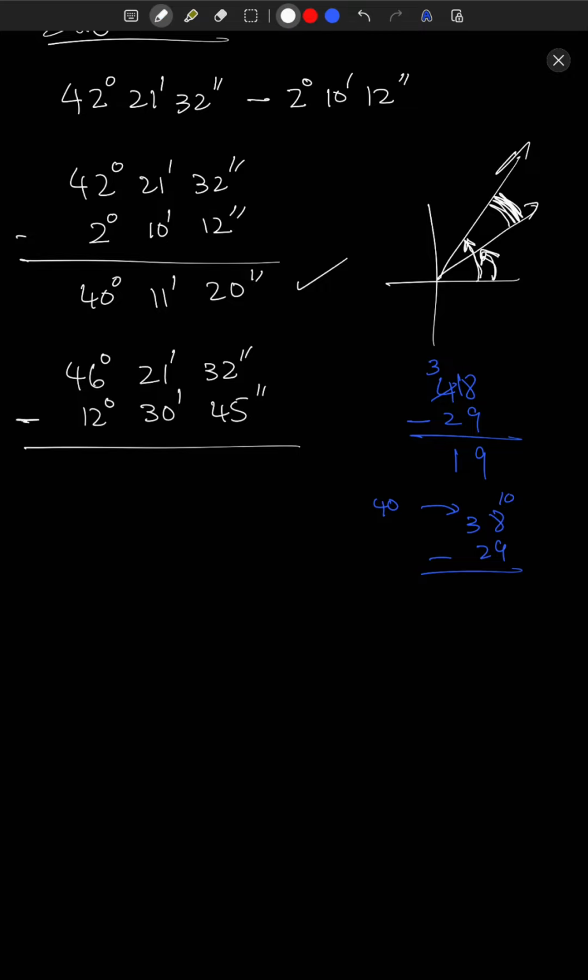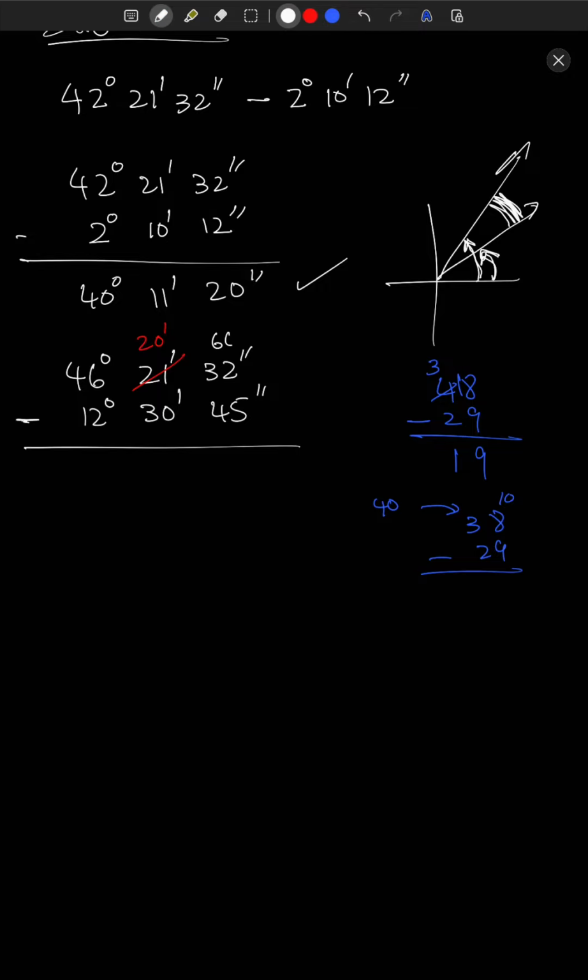32 minus 45 is negative. We don't really like that. So what we do is we borrow one minute from the column to the left, right? So from 21 minutes to 20 minutes here, and we take that 1 minute that we've borrowed and we give it to the first column.